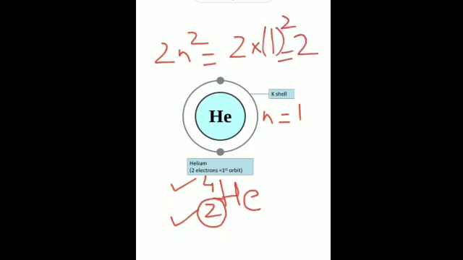So we know helium contains just 2 electrons. Those 2 electrons are accommodated in the K shell, one over here and the other over here. So the electronic configuration of helium is 2.